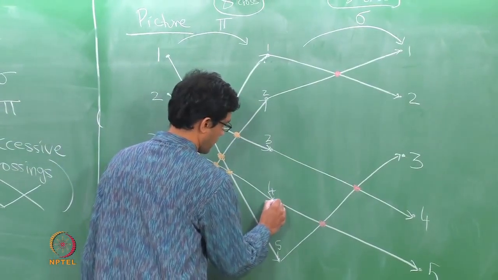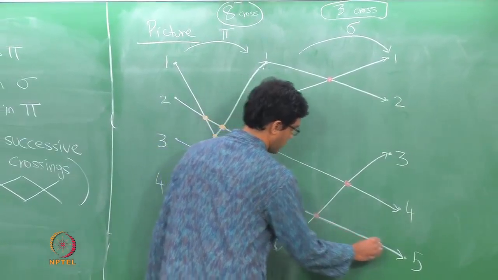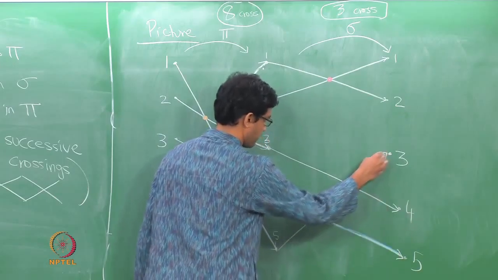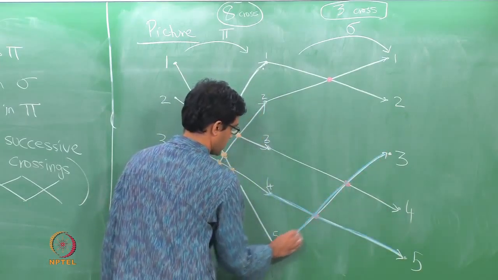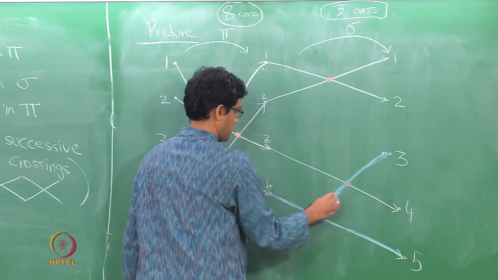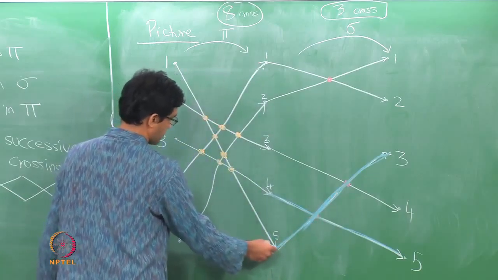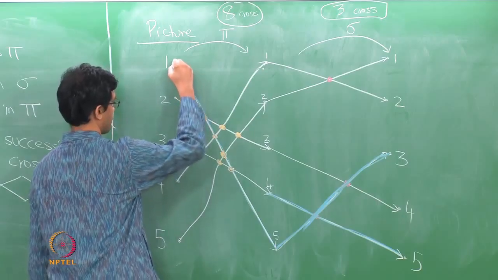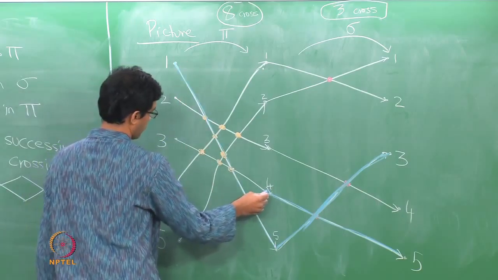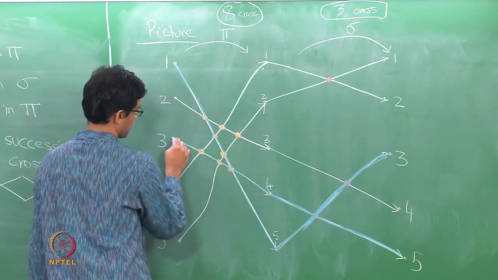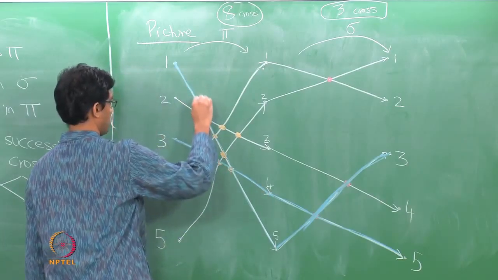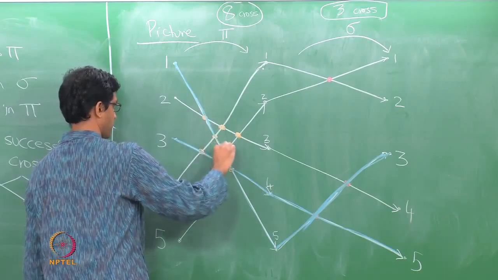I look at this configuration here between 4 5 and 5 3, and 1 going to 5 and 2 mapping to 3 mapping to 4. So here is one successive crossing that is highlighted in this diagram.